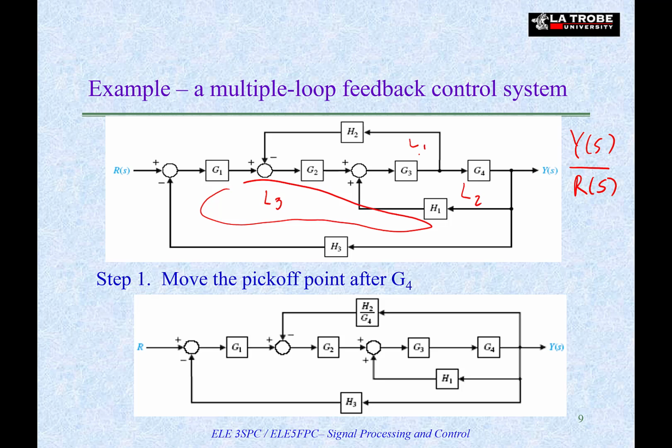How do we do this? Loop 1 and loop 2 are interlocked. Therefore, we need to move this point after block G4. That is what has been done here. And now you can say that loop 1 and loop 2 are clean loops. Therefore, we can reduce this loop, L2.